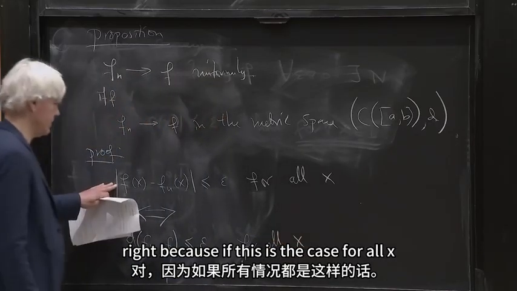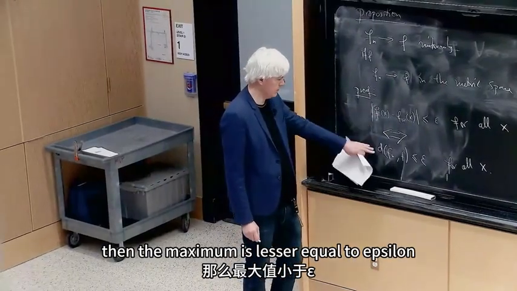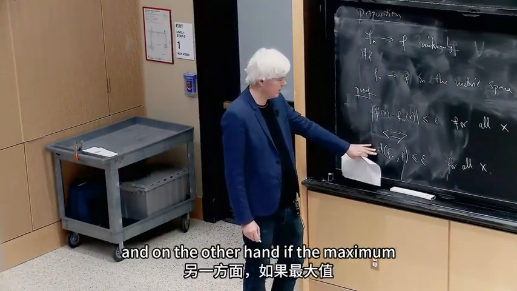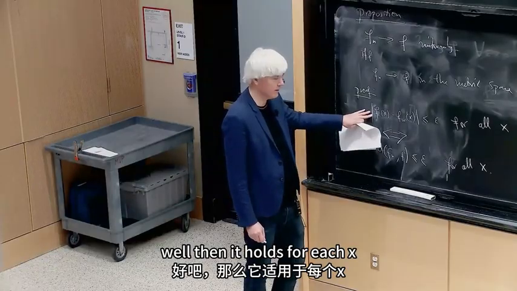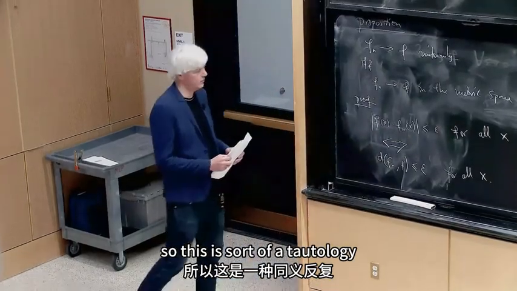Right, because if this is the case for all x, then the maximum is less than or equal to epsilon. This was the maximum. And on the other hand, if the maximum is, well, then it holds for each x. Right? So this is sort of a tautology.